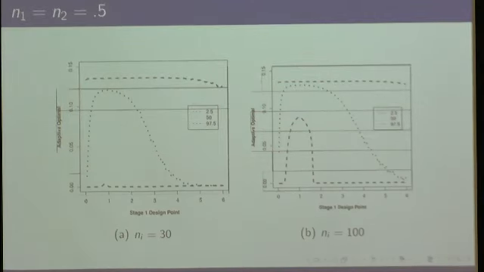I have one more, but I'll just show you this. This is n equals 30, n equals 100. The weights are 0.5, and it's to show you the distribution of mu2. So we have the 2.5th percentile, 97.5 percentile. They're as far apart as you can be, and this is the median. 1 again is the optimal design point. This is the stage 1 design point.